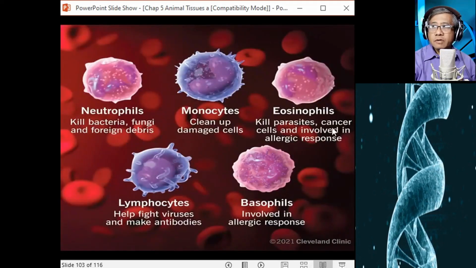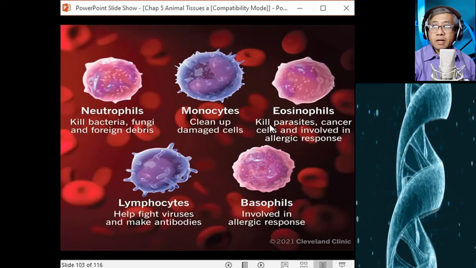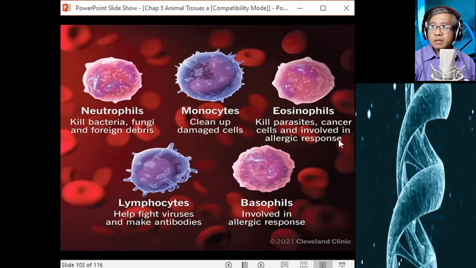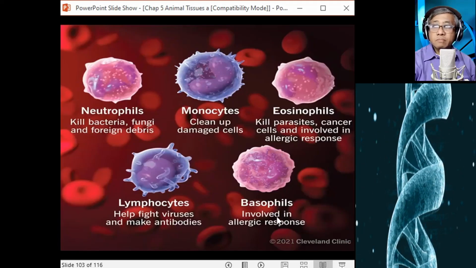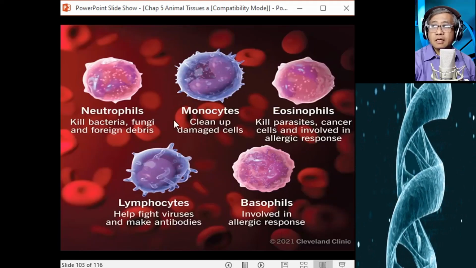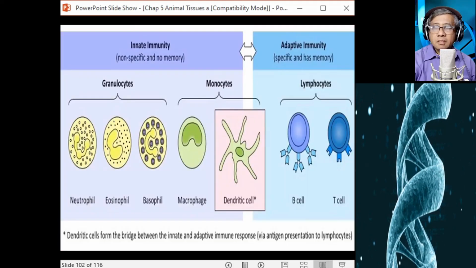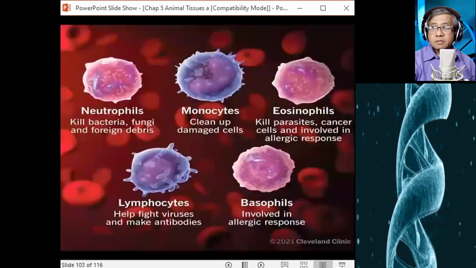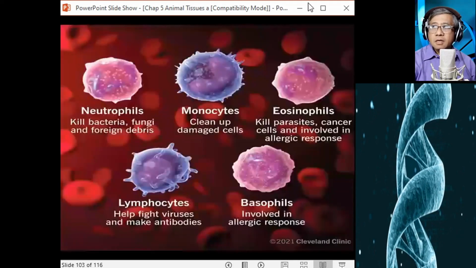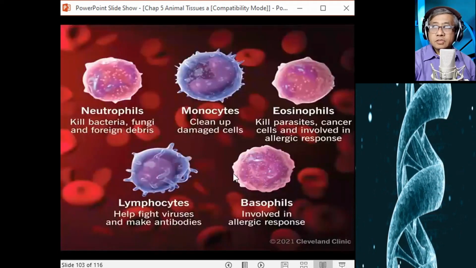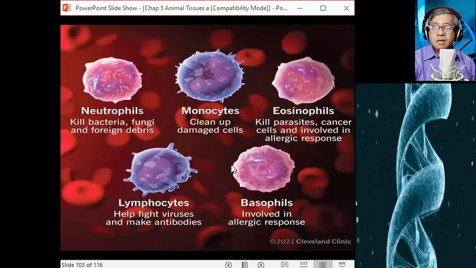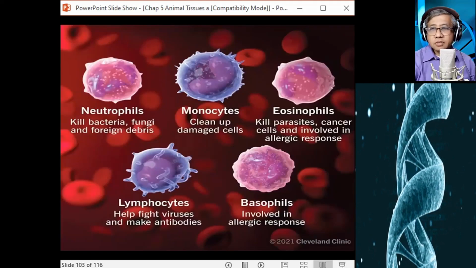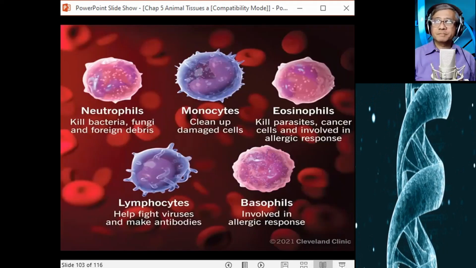Ang eosinophils, they kill parasites, yung mga parasitic worms, and they are involved in allergic response. Then basophils. And for agranulocytes, we have the macrophages or monocytes, and we have lymphocytes that help fight viruses and make antibodies.